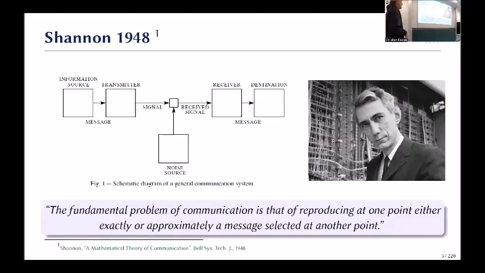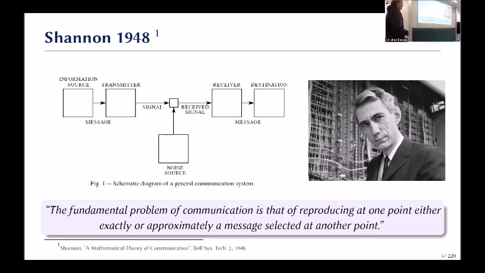So Claude Shannon defines the following model. We have a message at a transmitter. The transmitter sends something through a noisy channel. The receiver receives something, and the goal of the receiver is to find out which message has been sent. So he makes an approximation of the message the transmitter sent.